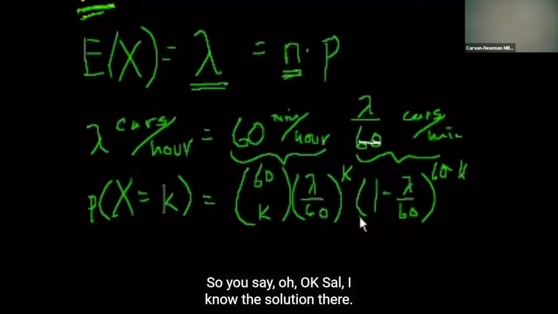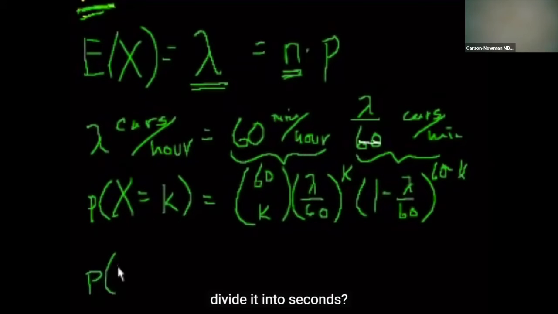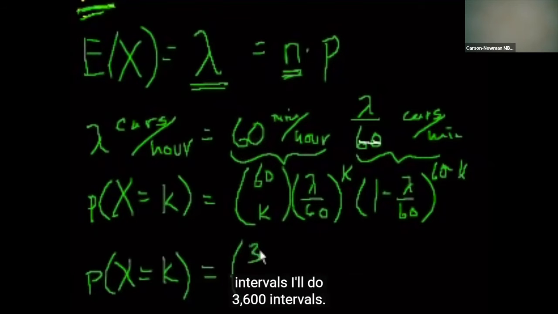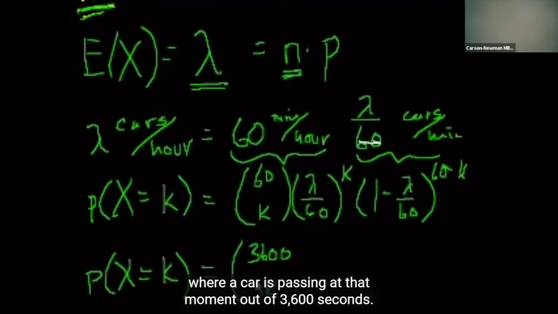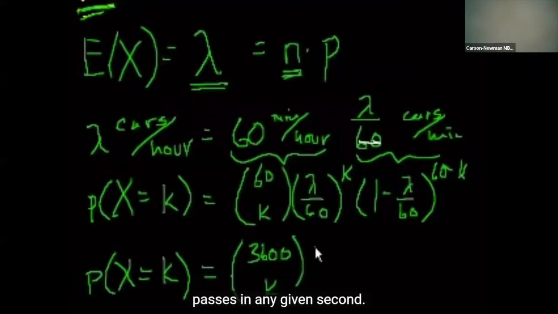And so you say, okay, I know the solution there. I just have to get more granular. Instead of dividing it into minutes, why don't I divide it into seconds? So the probability that I have k successes, instead of 60 intervals, I'll do 3,600 intervals. The probability of k successful seconds, a second where a car is passing at that moment, out of 3,600 possible seconds, is 3,600 choose k, times the probability that a car passes in any given second.